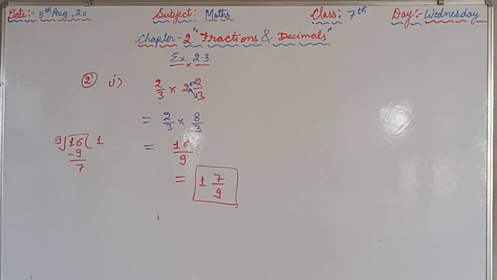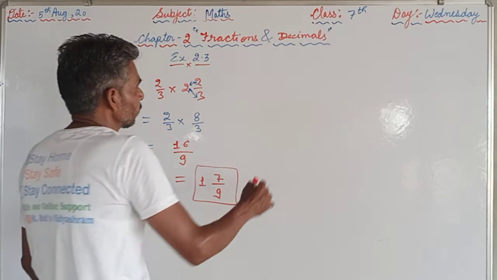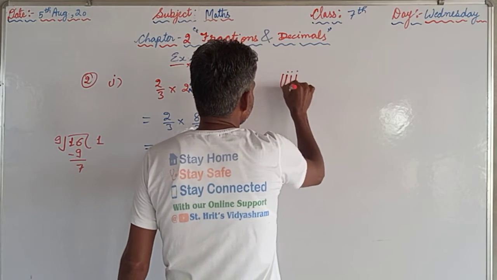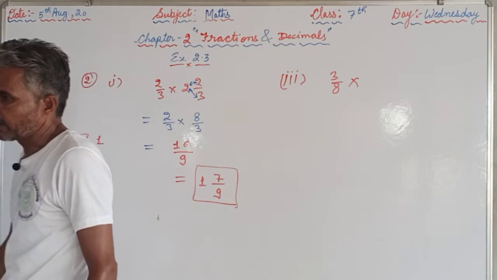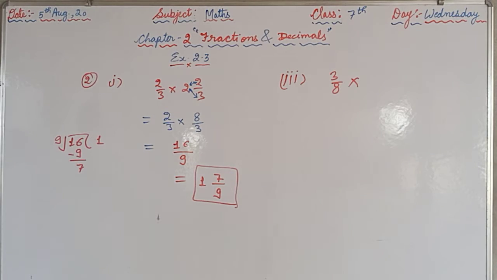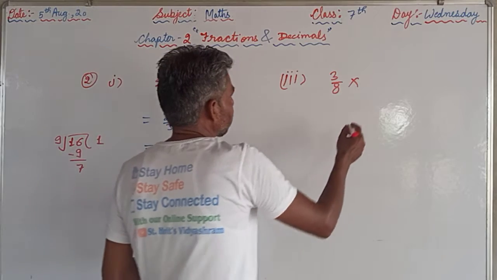Like this only all the parts are the same, and we can discuss the third part as well. Third part is 3 upon 8 multiplied by 6 upon 4.